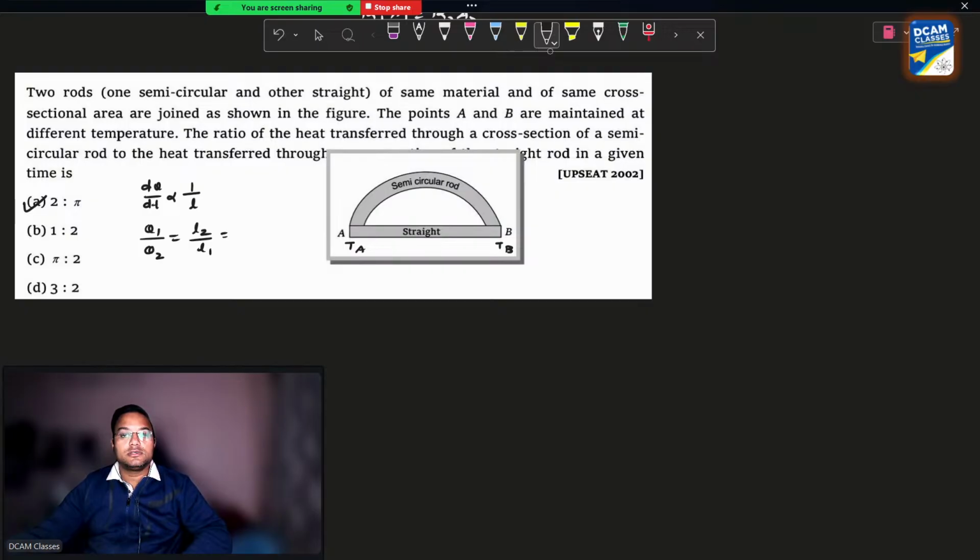Straight rod length will be 2r, and the semicircle will be pi r, so 2 by pi. If we assume r as the radius, this length will be pi r. That's why.